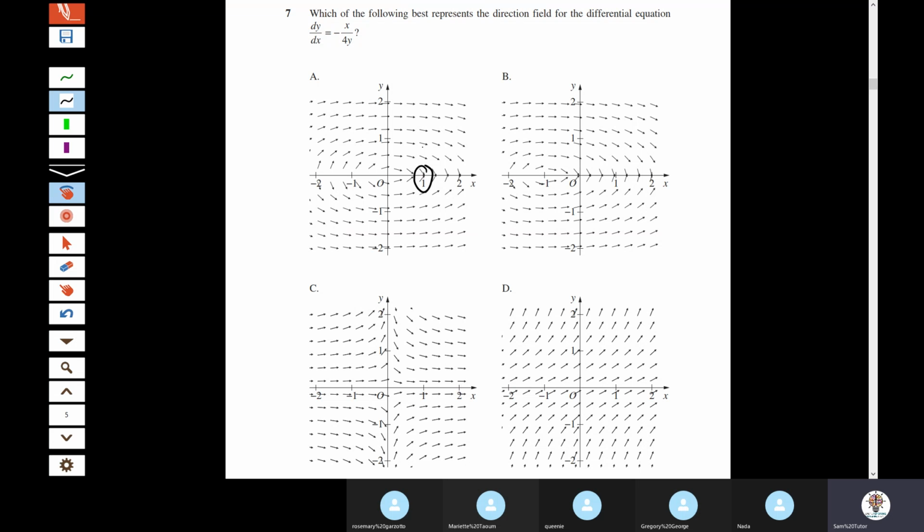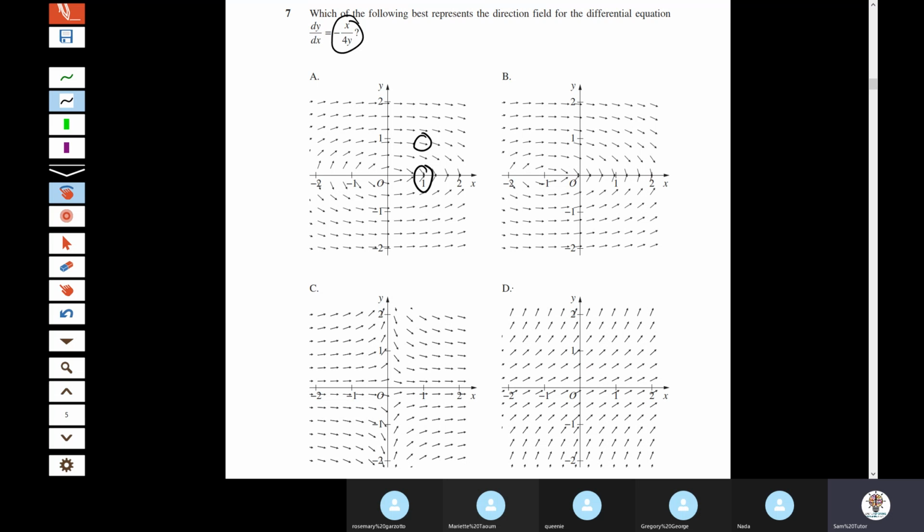This is probably your safest bet. At 1 and 1, is this sloped to the left or to the right? Don't let the arrow fool you. No, to the left. So that's negative, which is exactly what we wanted, because when you sub in 1, 1, it's negative. So that one's right.